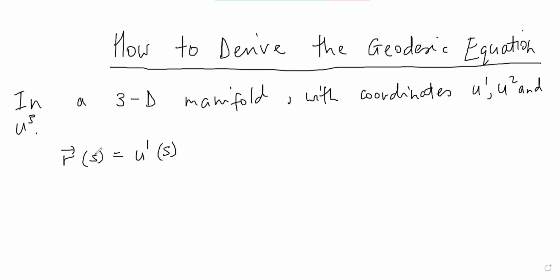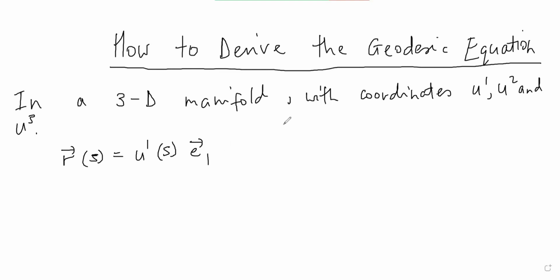You can see here that the parameter that we are working with is S. And in this case, S stands for the arc length. So we've got r of s, that's the position vector of the manifold. Okay, so the first component is U1 of S.